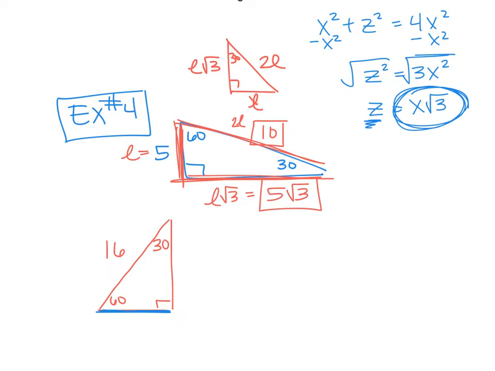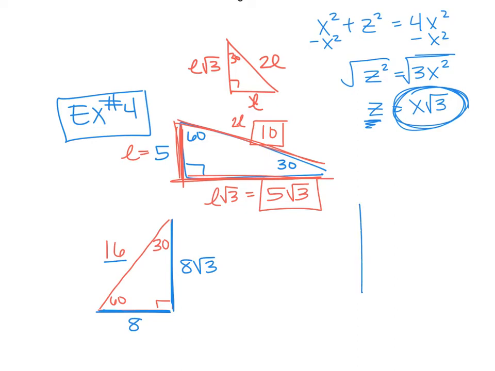What is it? It's 8, right? If my hypotenuse is 16, this is half as much, so it would be 8. What's my longer leg? 8 rad 3. And don't mix up your rad 3s and your rad 2s. With the 30, 60, 90, it's always 3, okay? So think 30 degrees has a 3 in it. That's the one that has the rad 3.